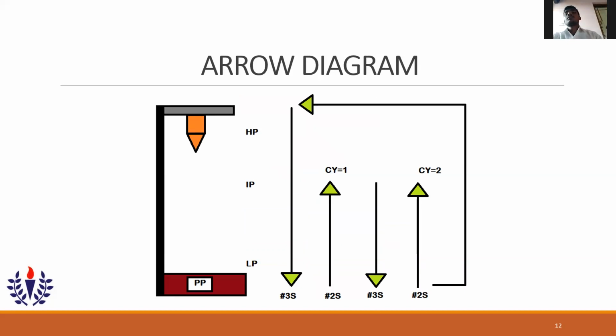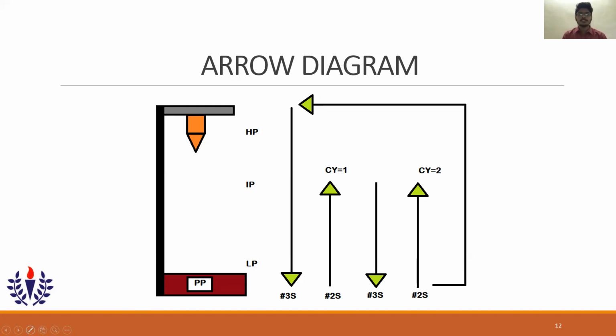Okay, let's talk about the arrow diagram. As you can see, we have here taken three separate positions: the high position, the intermediate position, which is IP, and the low position, which is LP. And PP is the place of the particle where the particle to be drilled is going to be kept. Now, when we start the SFC, it goes to the low position and executes the drill.